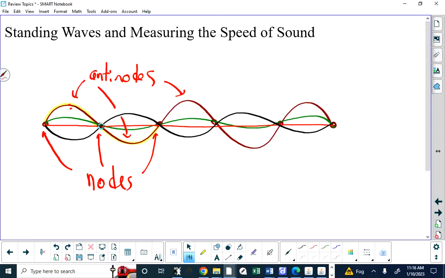Measuring the speed of sound. That's all I'm going to write. I'm going to say a few other things.